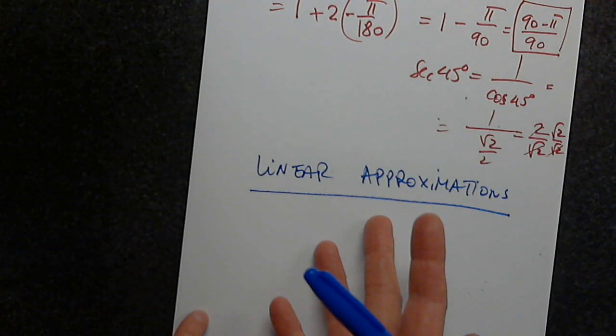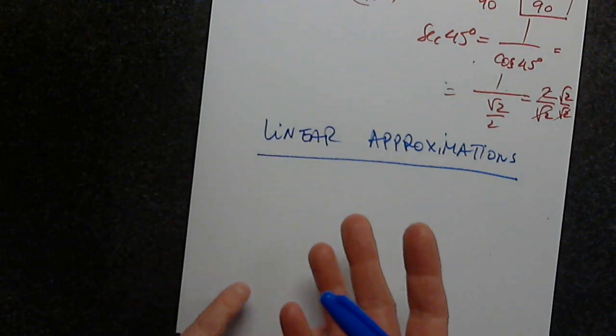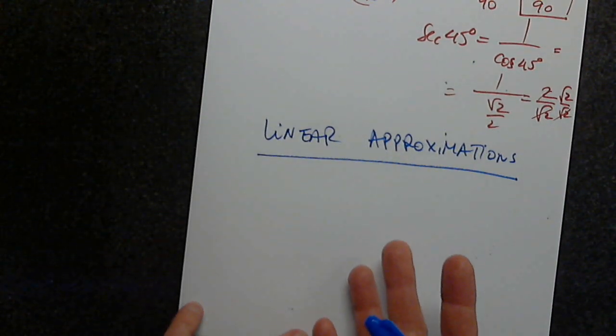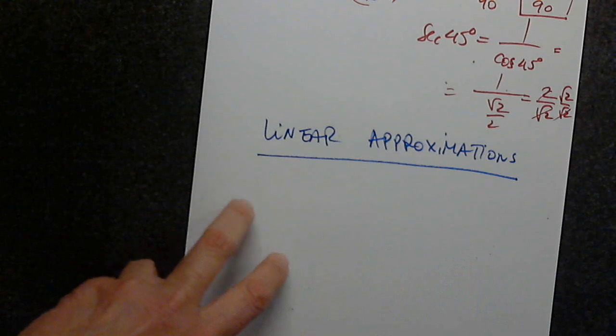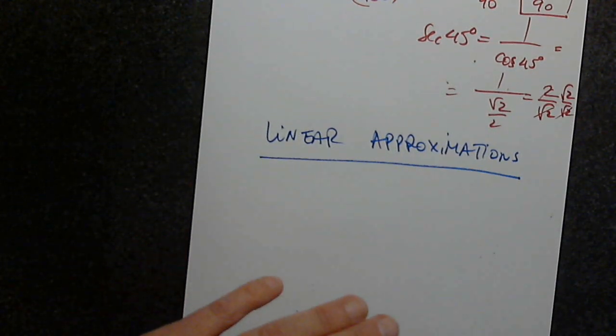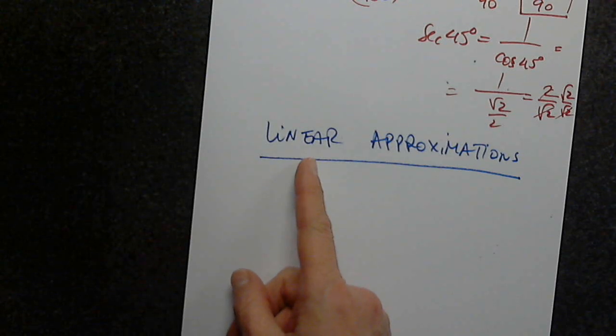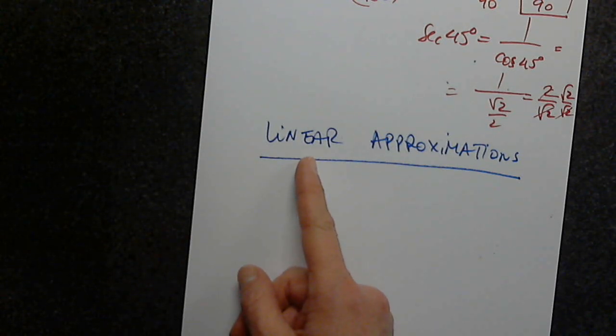Now this is a similar topic, but also very interesting, and you will see what happens. We can approximate a function, any function, using a linear function. Near a point, of course.